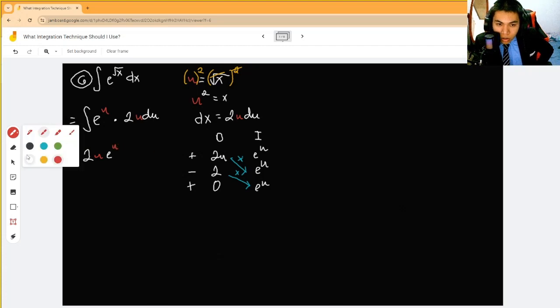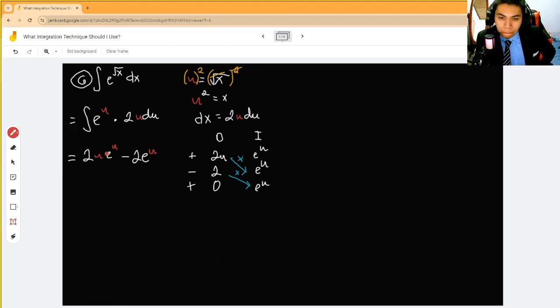And then the next sign is a minus. 2 times e to the u is 2 e to the u. Okay? Then that's actually the answer. Put plus c and substitute back the x value.